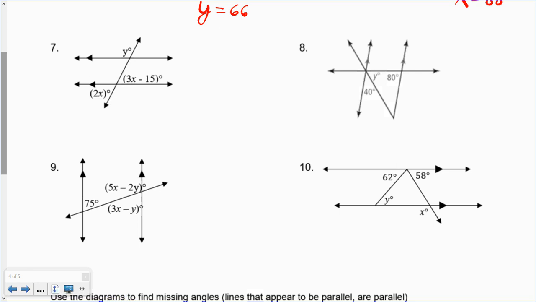Hey, when you move the line this way. 3 times 16.